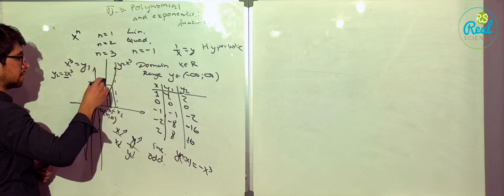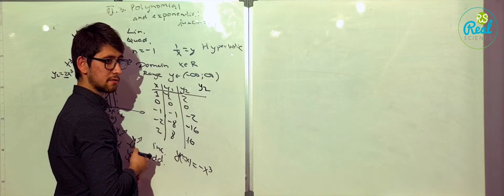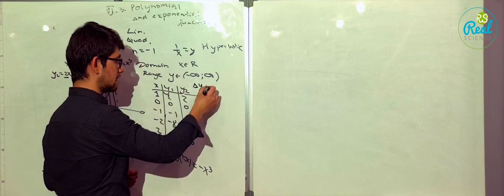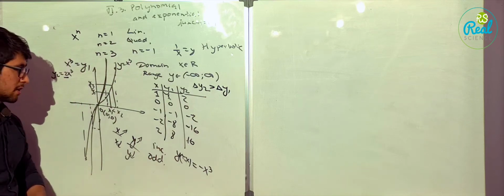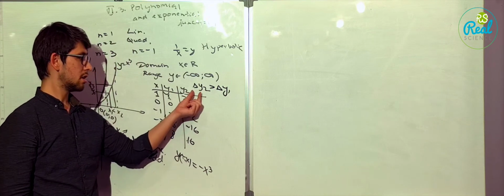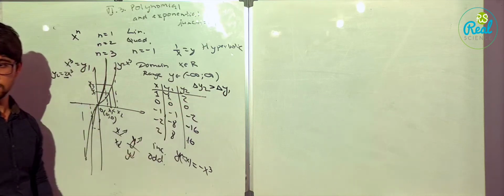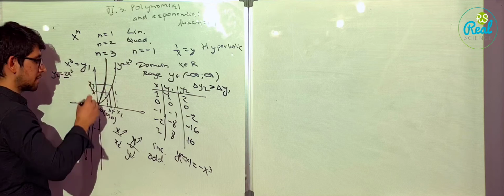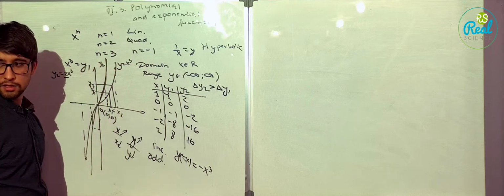This function, I mean your y2, is increasing faster, okay? Change in your y2 is greater than change in your y1, okay? This triangle stands for the change. Change in y2 is greater than change in your y1, meaning that both of them are increasing functions, but y2 is increasing faster, okay?